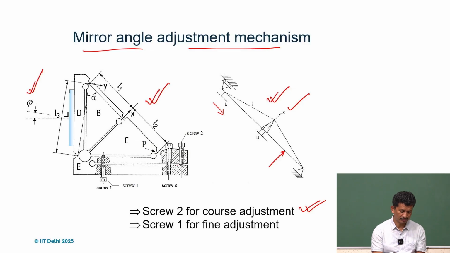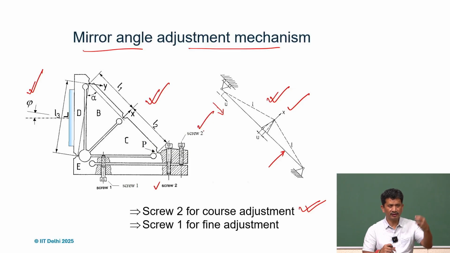Here what you see is that screw 2 is for coarse adjustment. For instance, here you see screw 2. One is threaded on the one frame and the other is threaded here, and as you adjust, you realize that the entire block is getting lifted.